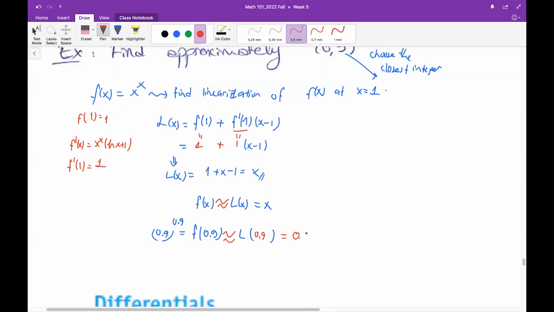Computing the linearization function is much simpler than computing this power function, which is impossible by hand. If you have a calculator, you can easily compute this, but manually, you can approximate the result of this power evaluation by using the linearization function very quickly. So this value is approximately 0.9 by using the linearization function. I stop here. See you in the next lecture video.